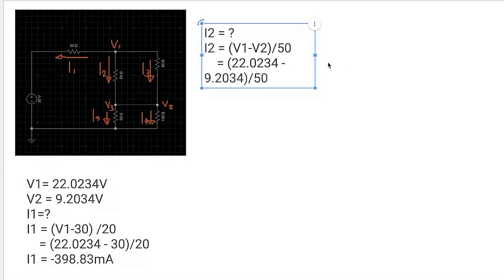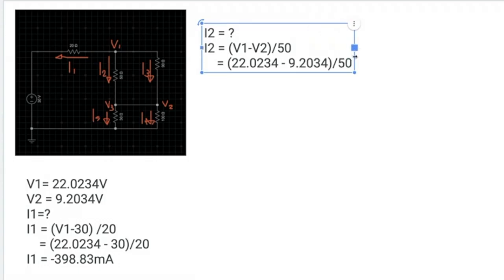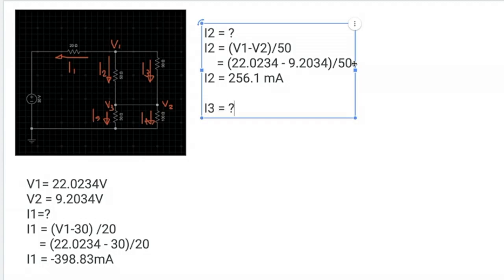It will have a positive flow. So tama na, it should be going down. So that is 256.1 milliamps. But again, during the solution, you should follow the 4 decimal places. As much as possible, you have to store the original value to avoid any undesired reduction of the decimal places. So I3 is unknown.